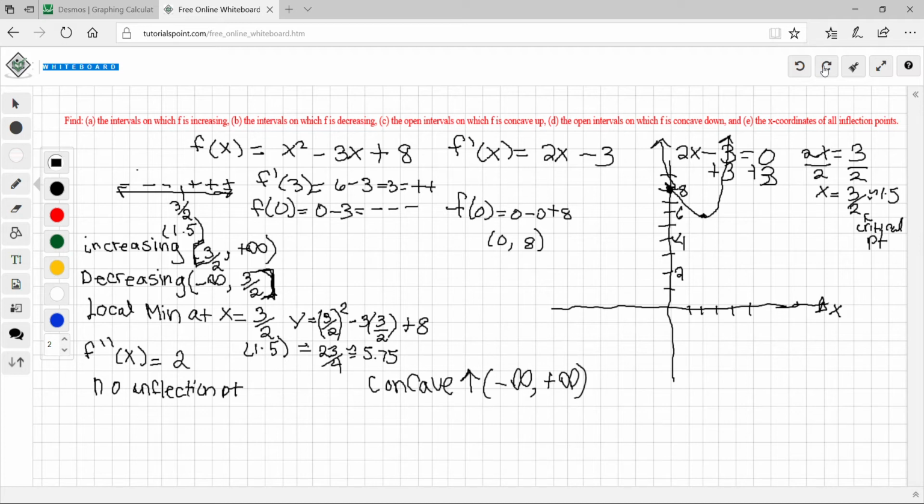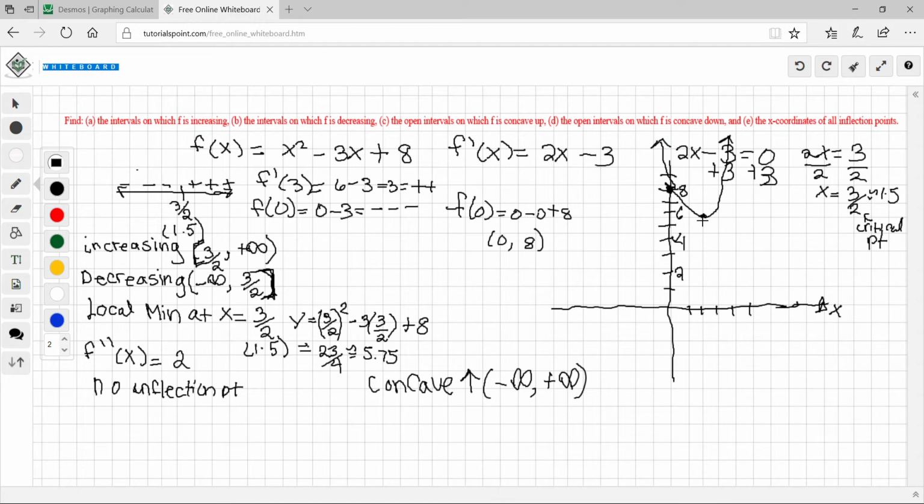We do not have a concave down, because a concave down would be like a U shape but the opposite. It would have to be like a negative x squared. And the reason we don't have an inflection point is that an inflection point should be right in between a concave up and a concave down. We don't have a concave down, so there's no inflection point.